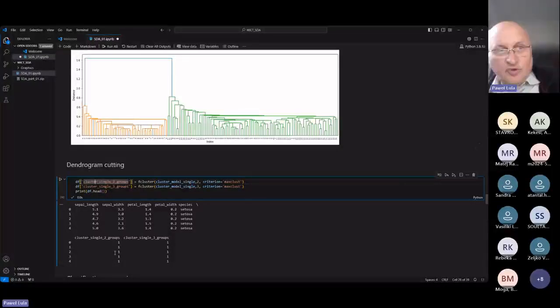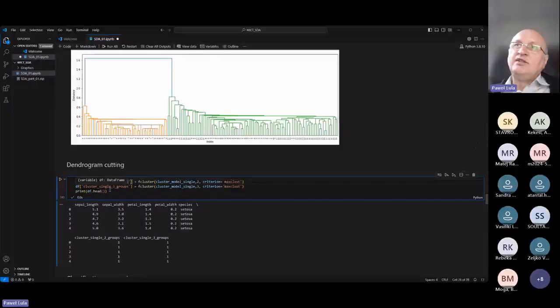Of course, it is not possible to assign names to these groups because methods of cluster analysis do not deliver names for clusters. They only deliver an identifier. And in this case, this identifier has the form of an integer value. So we have a first cluster and a second cluster.